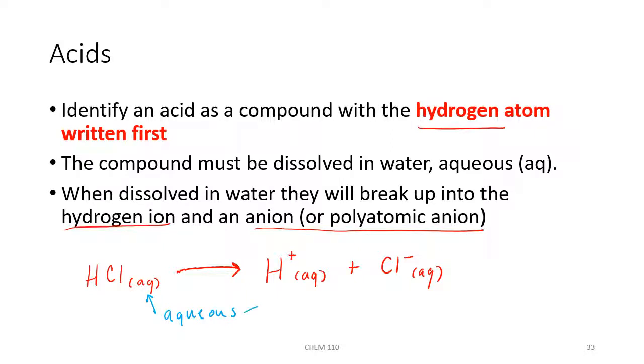So our aqueous ions are actually what's swimming around in a container that's labeled hydrochloric acid. There is no molecular HCl. It's 100% ionized into the hydrogen ion and the chloride anion. So when we're looking at formulas, how we identify that they're an acid is we look for that hydrogen listed out front.